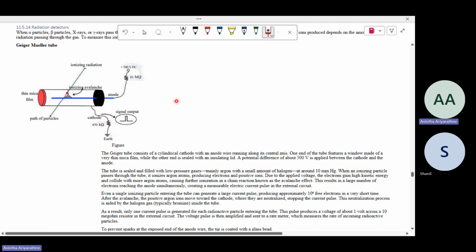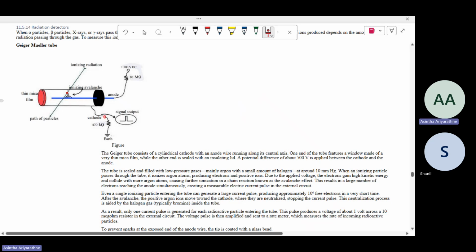Then we know from V equals IR that a charge flowing through a conductor is a current. So we have I, and we have R, this is R. By measuring the voltage across this resistor, a small spike would occur when current passes through.